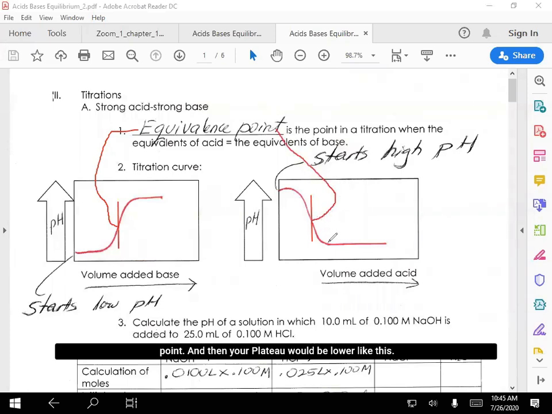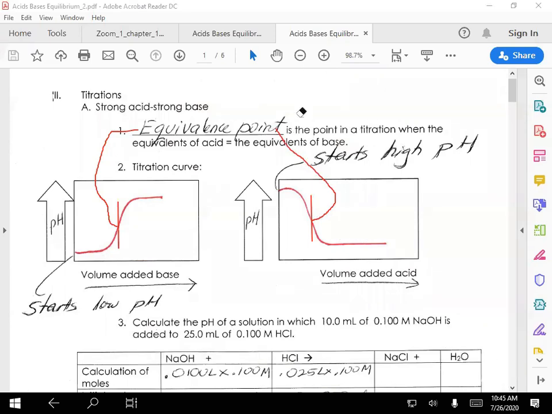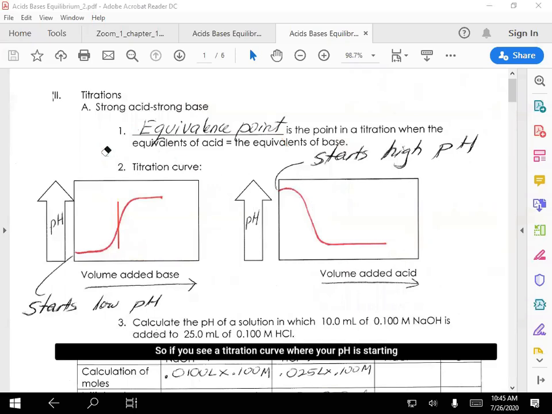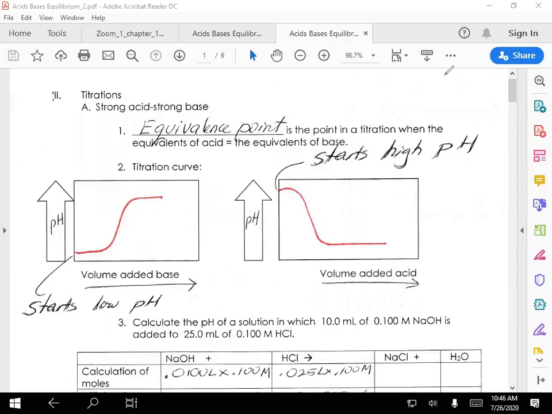And then your plateau would be lower like this. So if you see a titration curve where your pH is starting low, that means you're adding base. If you see a titration curve that's starting high, that means you'd be adding acid.